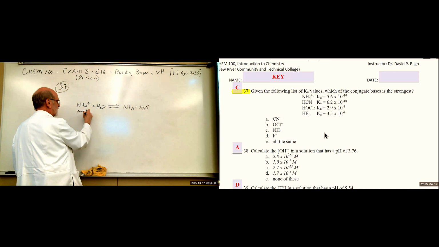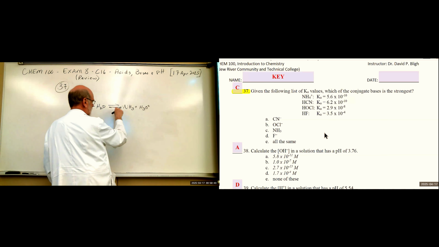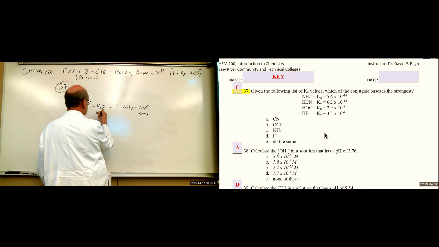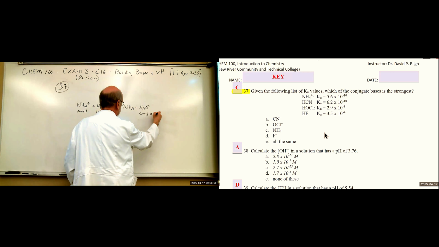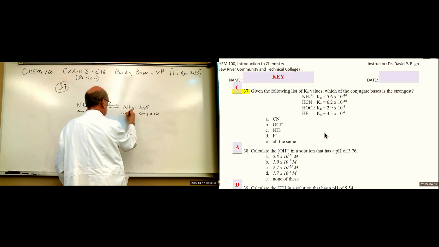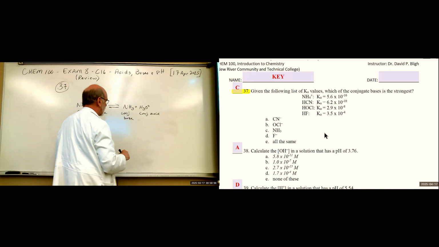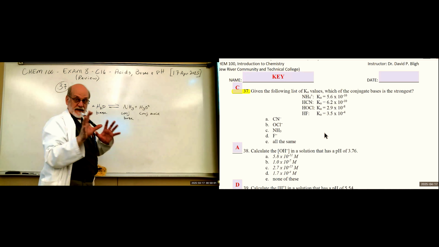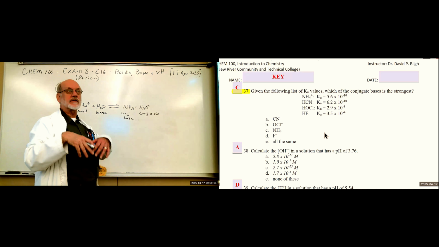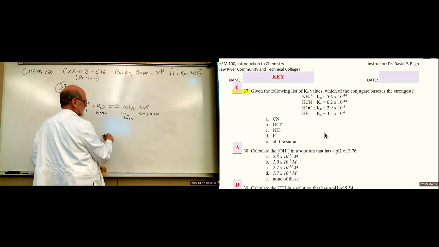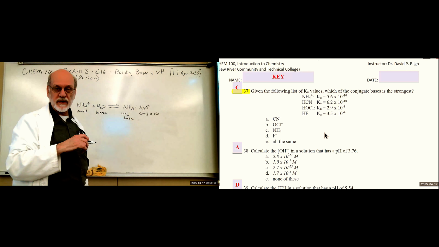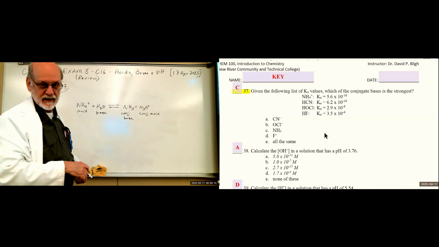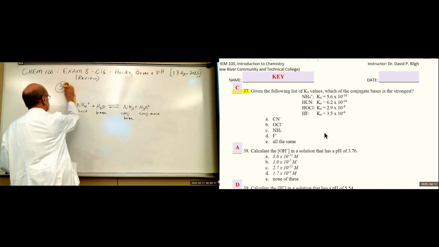This is the acid, right? Transfers a proton and makes this conjugate. This is the base. This is the conjugate acid. This is the conjugate base. And this would be the strongest conjugate base of that list. We're not saying it is the strongest of ever, but it's the strongest of that list. All right, so NH3 would be the one we're looking for, and that's C. Okay? Strongest conjugate base out of that list.